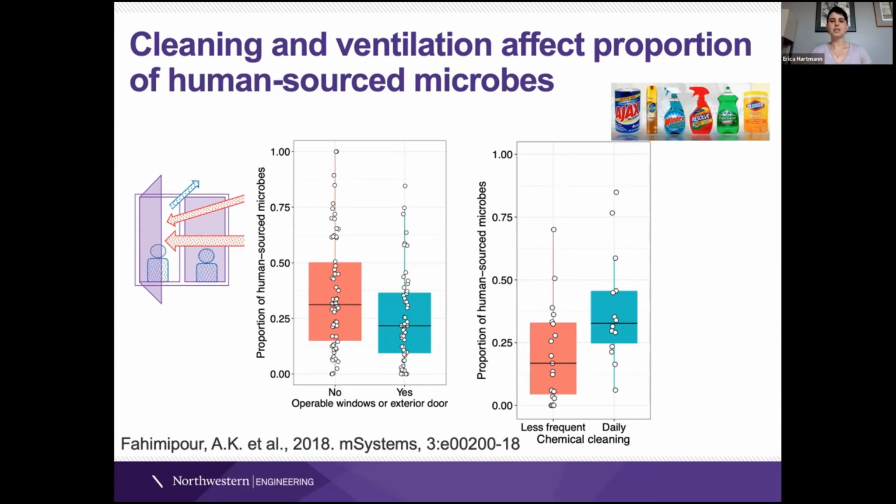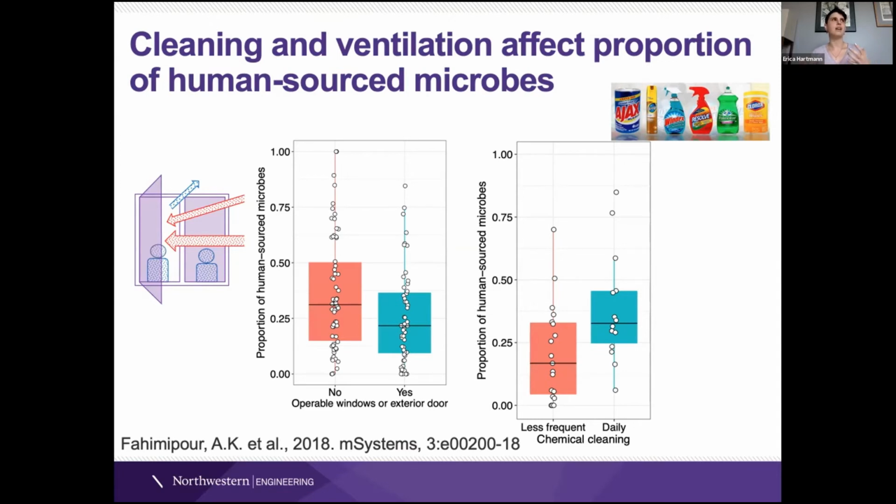And somewhat interestingly, where we had daily cleaning with what we call chemical cleaning, so this isn't like dusting and sweeping, but actually using chemical cleaning products, we also saw a higher proportion of human-sourced microbes. We don't really know why that is, but we think it's interesting, for several different reasons.